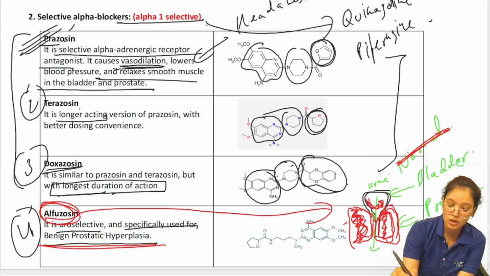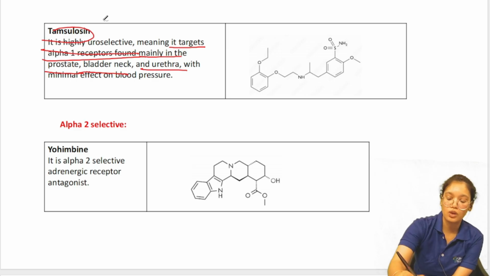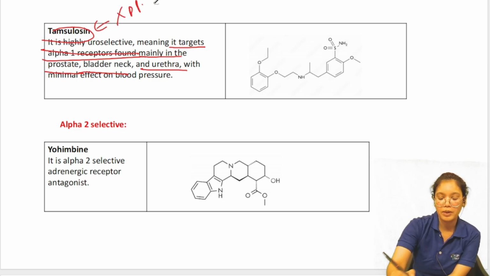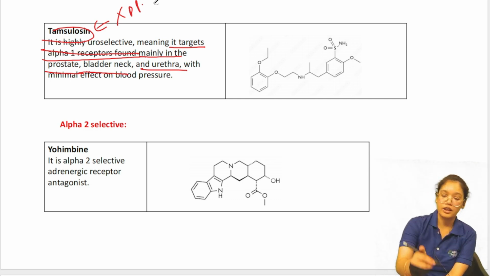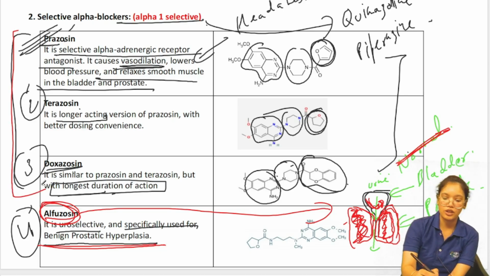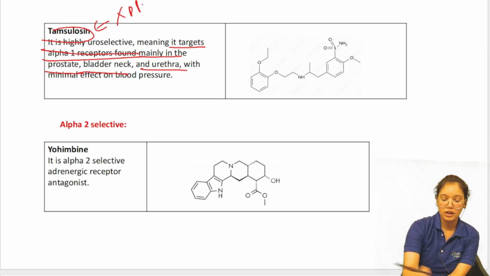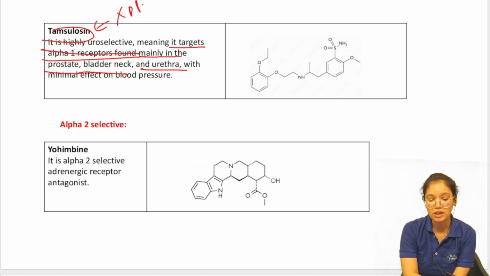Basically alfuzosin and tamsulosin do not have any effect on the blood pressure. They are not used for controlling blood pressure. The other drugs are used for hypertension treatment, but these two are uroselective, so for urinary tract problems we can use these two drugs.